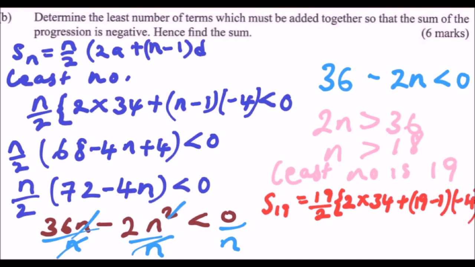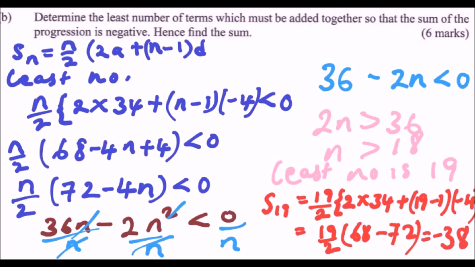When you work that out, you get 19 over 2 into bracket 2 times 34 is 68, minus 72, that is minus 4, multiplied by 19, which gives you minus 38.